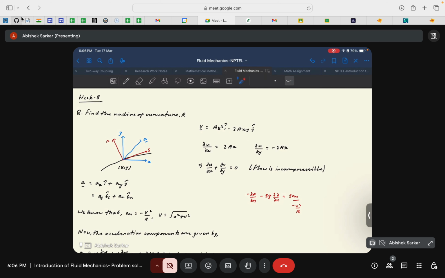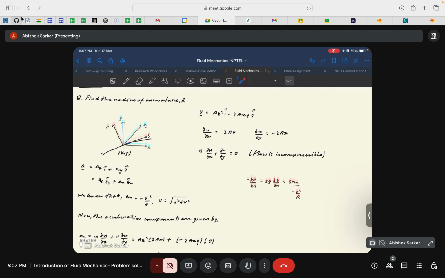A more rigorous or robust way of doing this is to find a relation between the streamline coordinate system and the Cartesian coordinate system, but there is also another way that was discussed in the class. You can take an exercise to find a way to transform between coordinate systems. Maybe you can look into some standard textbooks. I don't think it will be asked in the exam, but just for your own knowledge, you can look into some standard textbooks for your reference. But nevertheless, let us proceed further.